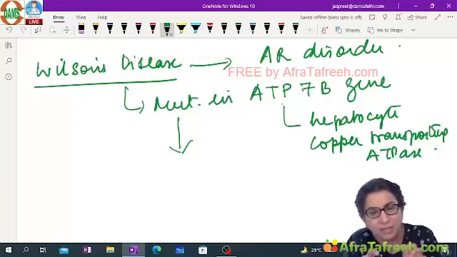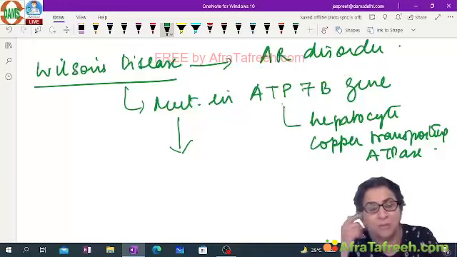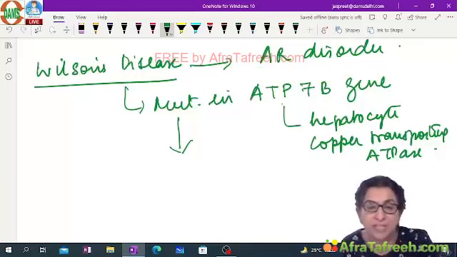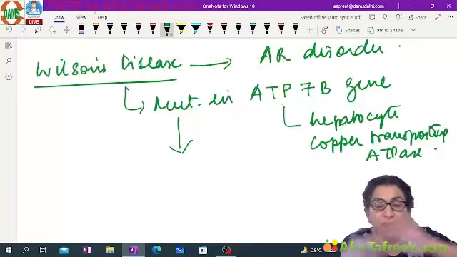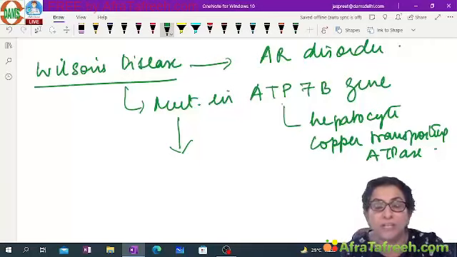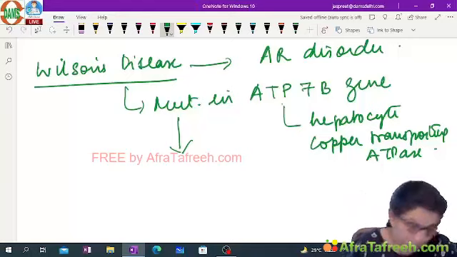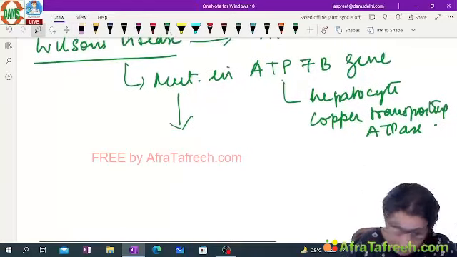And second, now free copper will start spilling into the blood. So there will be an excess of free copper in the blood, and this free copper will go and deposit in various organs. Plus this free copper will also be excreted in the urine. So what will you see?